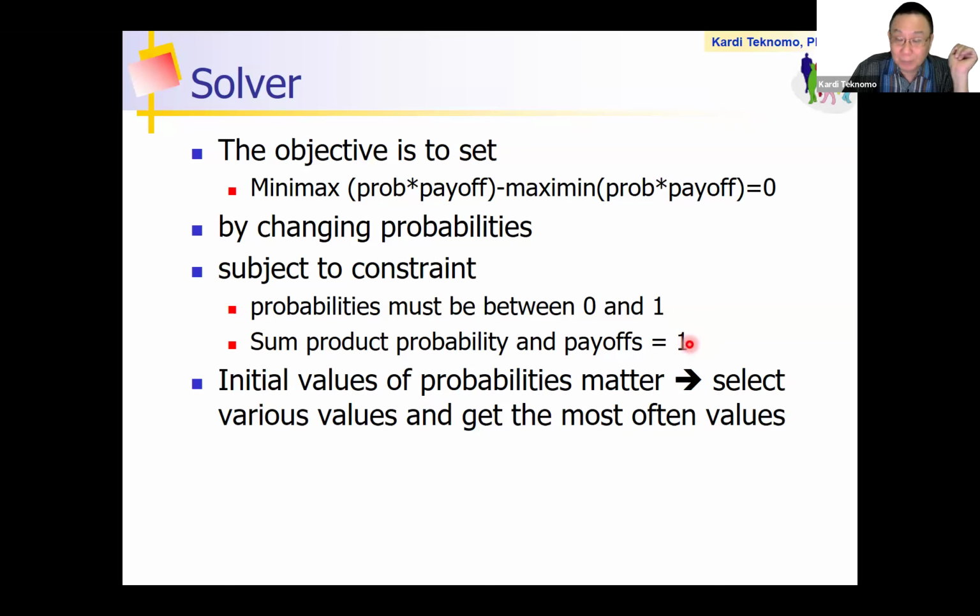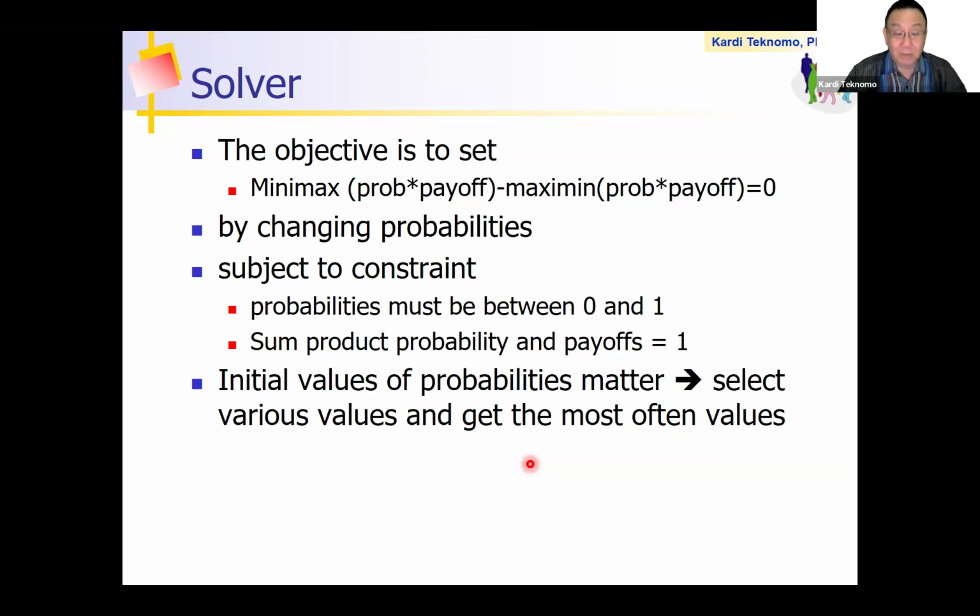So be careful when you use solver in Excel or in any spreadsheet. Because the algorithm behind it is actually numerical, it can be trapped in local optima. So in that case, the initial values of the probability matter.